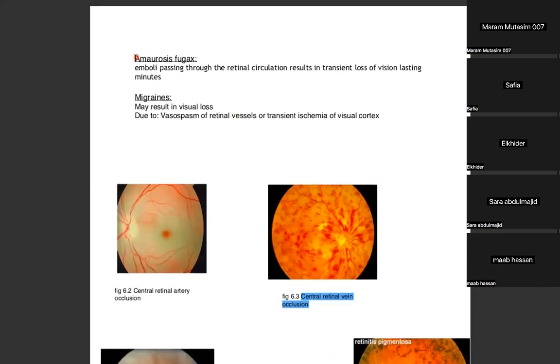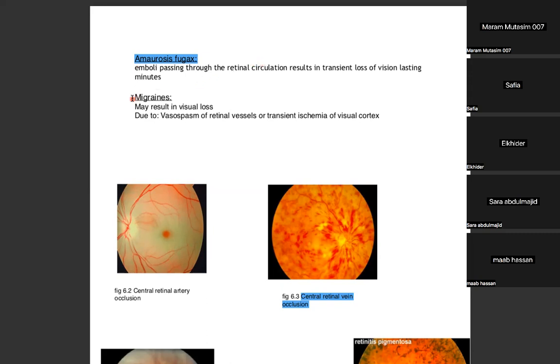There's another thing called amaurosis fugax. Amaurosis fugax is temporary loss of vision, transient loss of vision. It's like a transient ischemic attack in the brain. What happens is emboli come into the retinal vein or retinal artery and then go away afterwards. So they lose complete vision for a minute or two and then it goes away.